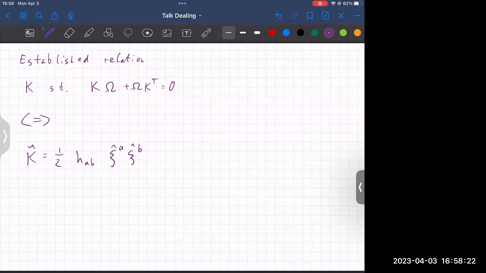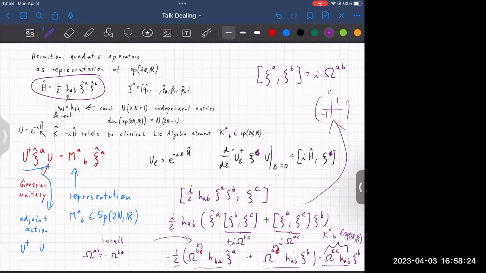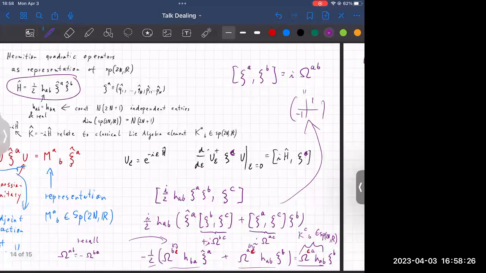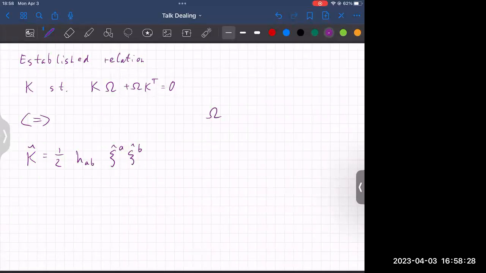And if you look at this equation here, we said omega AB HBC is equal to KAC. So we can solve this for HBC being equal to KCA, and then here omega inverse BA.